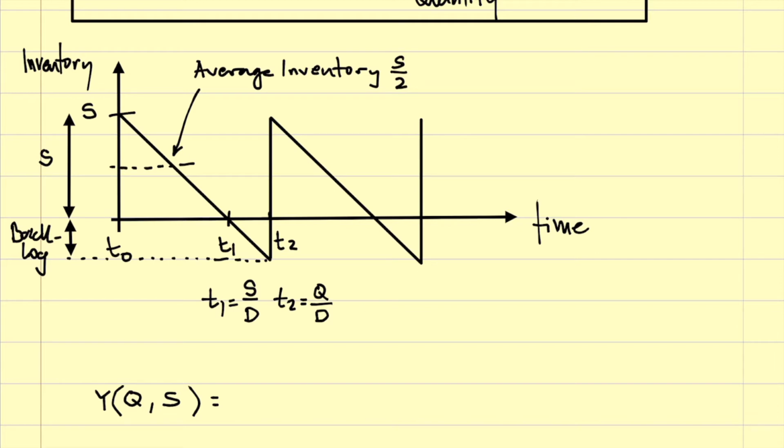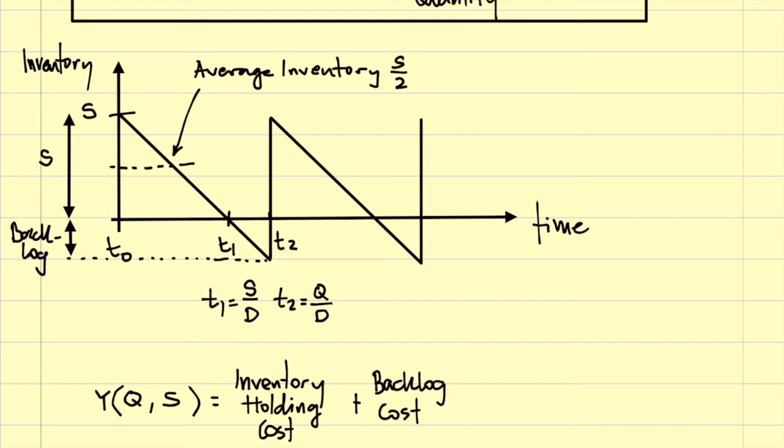We have the function, then we can represent it, and as before, we have the inventory related cost, the inventory holding cost for whenever we have inventory. Then we have the backlog cost when we cannot deliver to our customer.